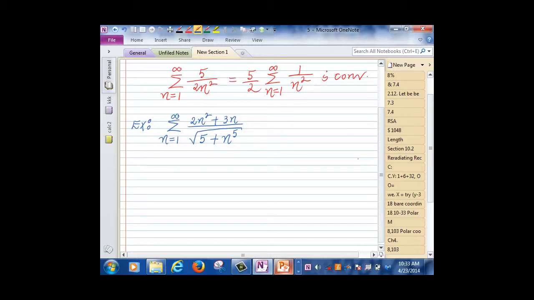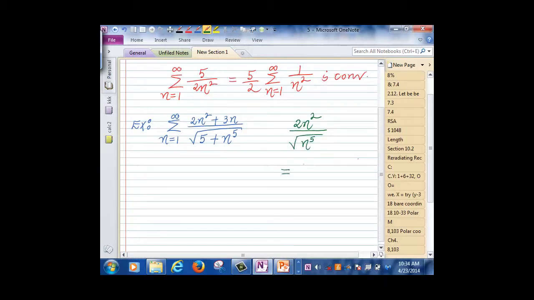What do you get? No, not quite. Okay, so if you ignore the lower order terms, in the numerator, what do you get? 2n squared. In the denominator, you have root of n to the 5, right?